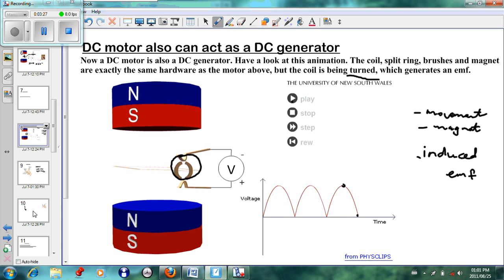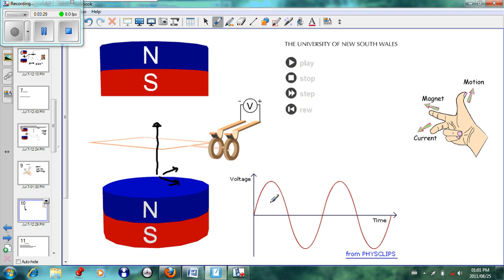In this case, our voltage is in two directions, and because our voltage is in two directions, we don't have a split ring commutator anymore. We have slip rings replacing the split ring commutator. So the slip rings are responsible for creating alternating current, and we can see this from the graph.